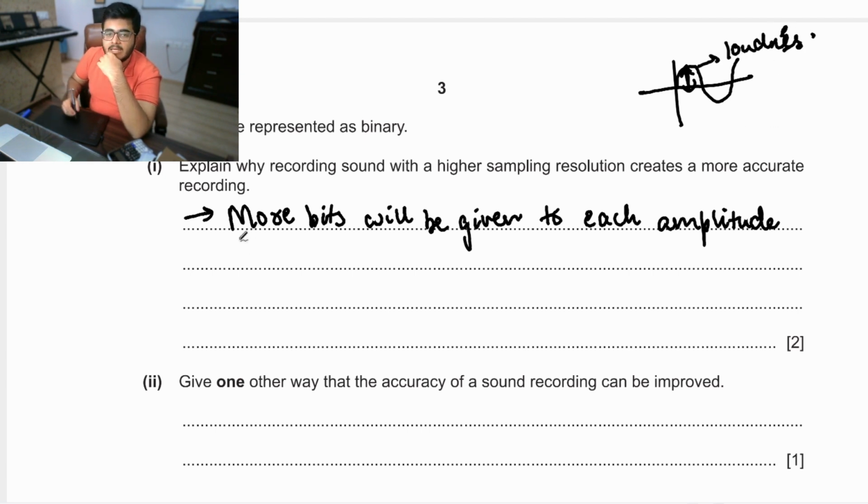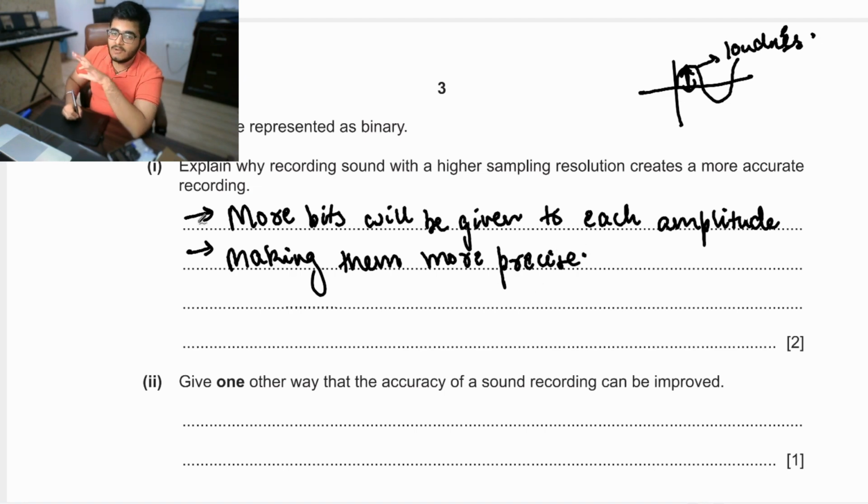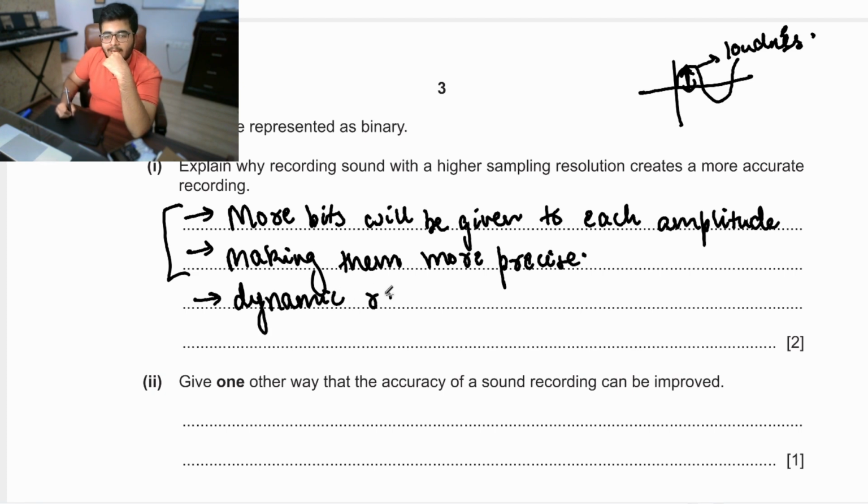So you're going to say that more bits will be given to amplitudes, making them more precise, right? Once you have explained what is going to happen, now you're going to tell what will be the benefit. So the first benefit will be it will record more dynamic range.